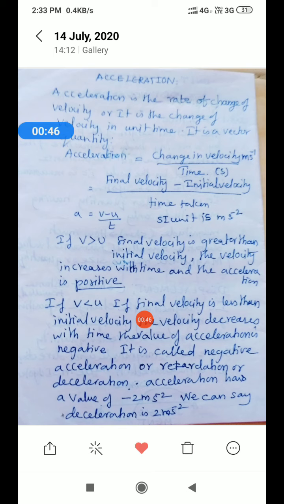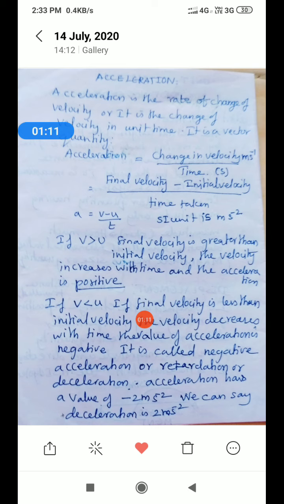Here final velocity is denoted by the letter v and initial velocity is denoted by the letter u. So acceleration is equal to change in velocity, that means final velocity minus initial velocity, by time taken. The SI unit of acceleration is meter second minus 2.